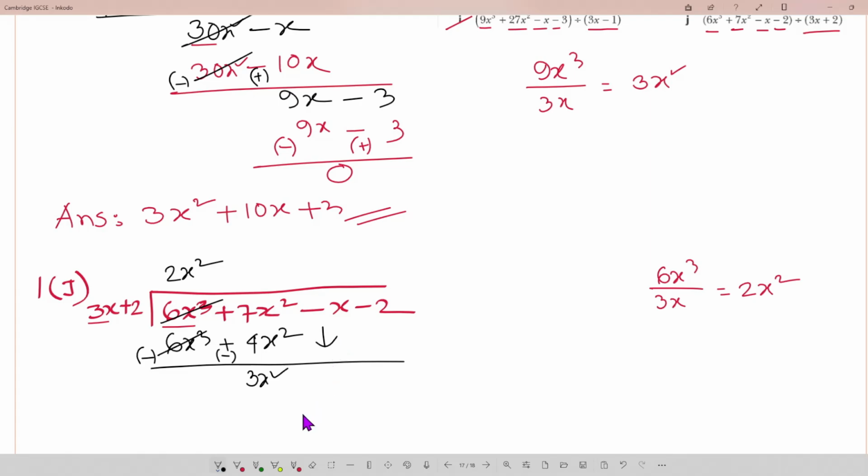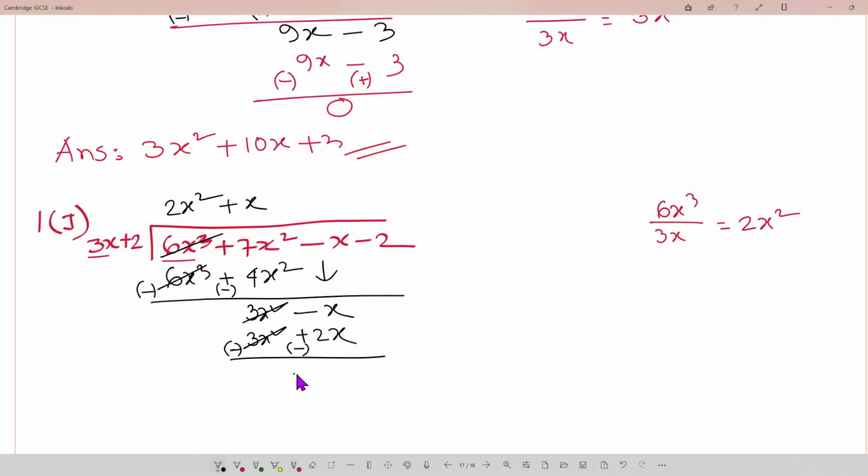Now we will bring down the next term, which is minus x. So here is plus x. x times 3x will be 3x square. Then x times 2 will be plus 2x. Now we will subtract. This one becomes minus. So 3x square minus 3x square is out. Here is minus 3x, and the last term will be what?